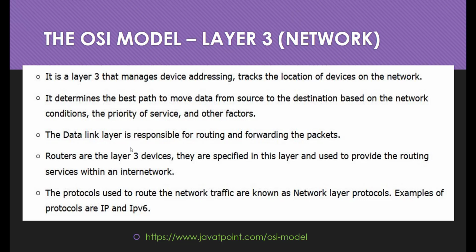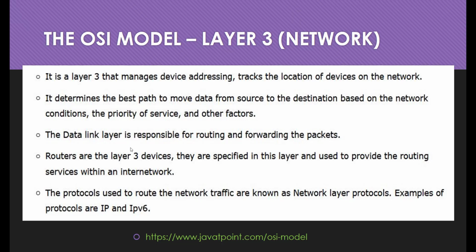They are specified in this layer and used to provide the routing services within an internetwork. So the devices we use to identify the locations of other devices and to control the transfer of that data from one location to another are called routers.